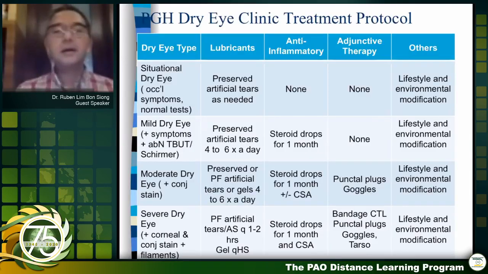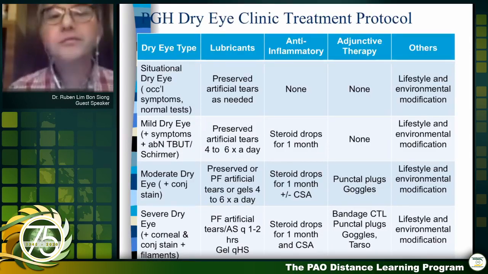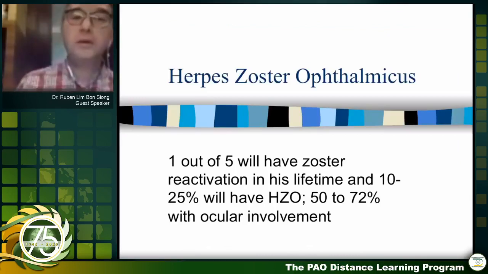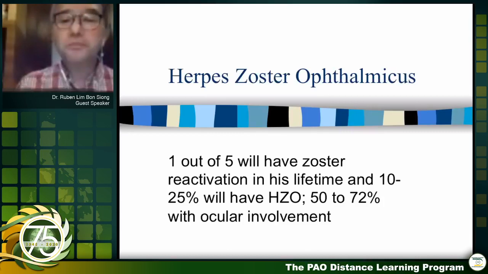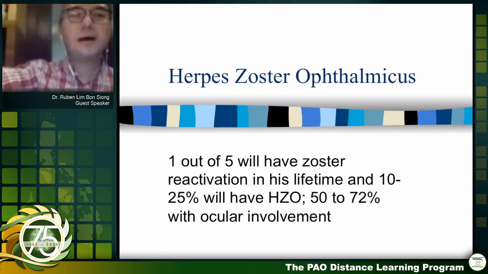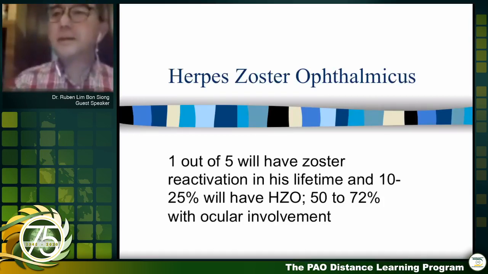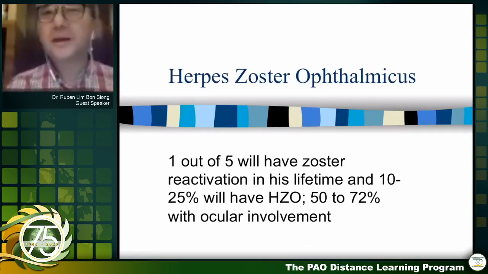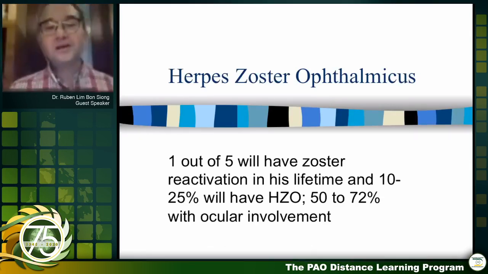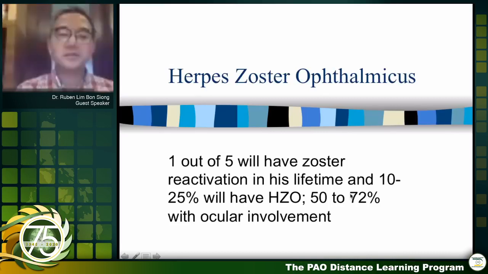Okay, and for the last part of today's talk will be herpes zoster. I decided to put it here because this is something that you can actually diagnose really remotely, because the signs are very, very obvious. And it's common. If it's a stressful time, the patients might have recurrence of herpes zoster.